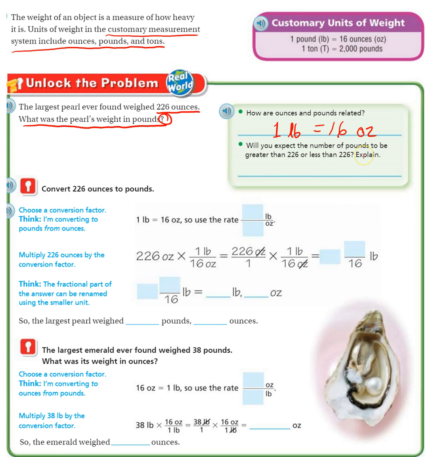Will you expect the number of pounds to be greater than 226 or less than 226? Explain. Well, we would expect them to be less than 226 because every 16 ounces is only 1 pound.